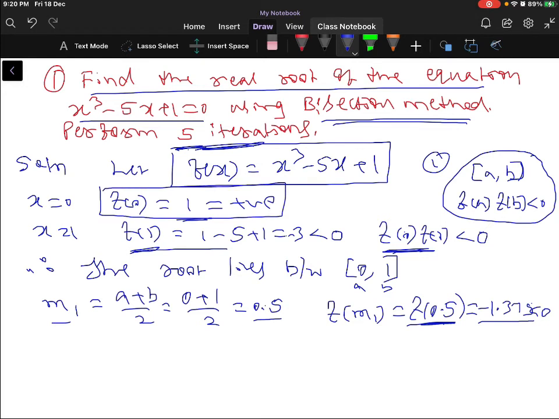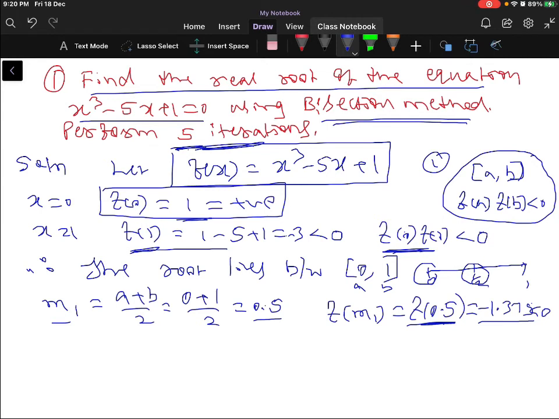f(0) is positive and f(0.5) is negative. It means our interval was (0, 1), where f(0) is positive and f(1) is negative. We bisected the interval and got 1/2, 0.5. Again f(0) is positive and f(1/2) is negative.